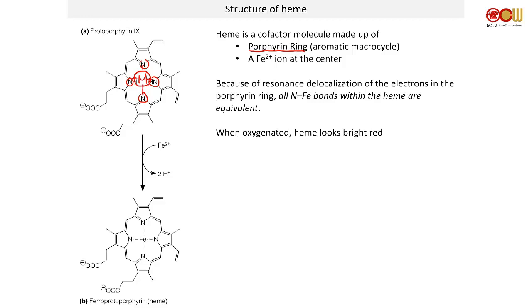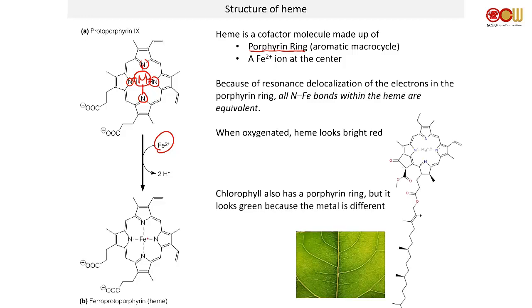Now, if you have porphyrin and you give it an iron molecule, and in this case it has to be iron 2+, you'll see how that's important. If you have an iron 2+ atom inside the cell, then this enzyme will grab it and put it in the middle of the heme. Similar to hemes, you have things like chlorophyll.